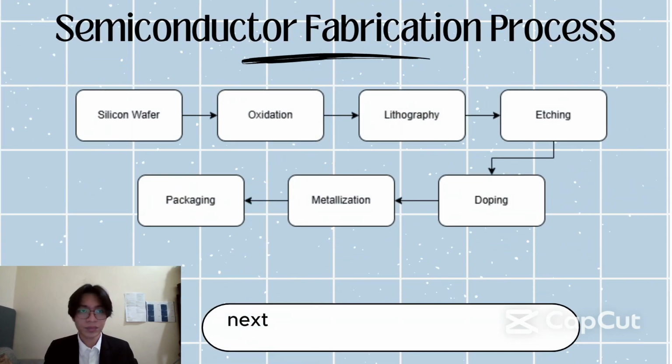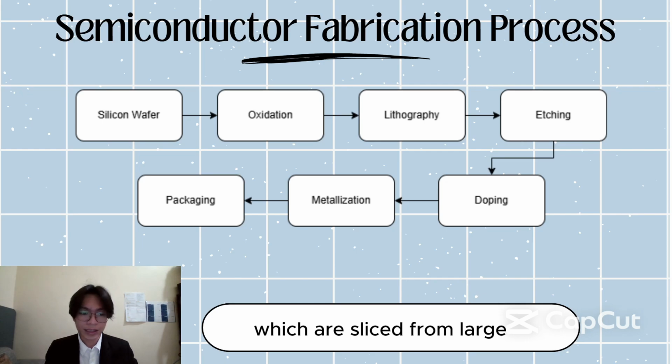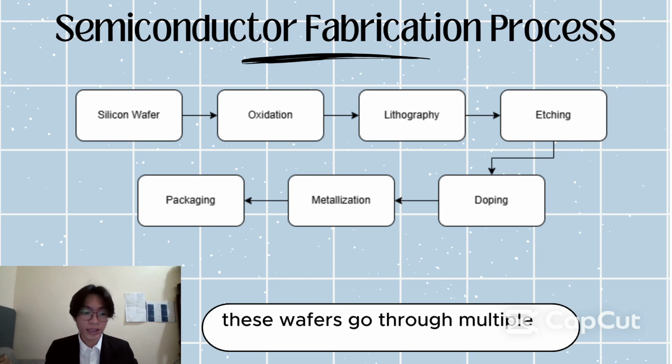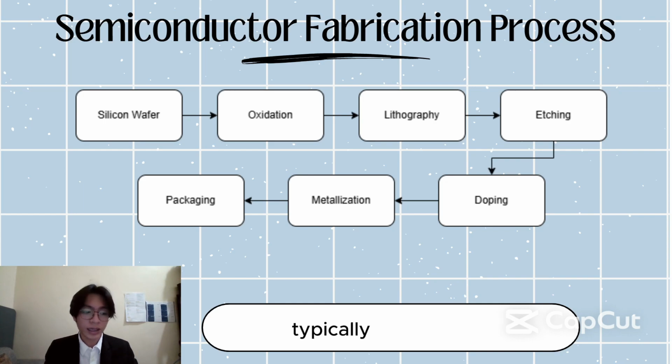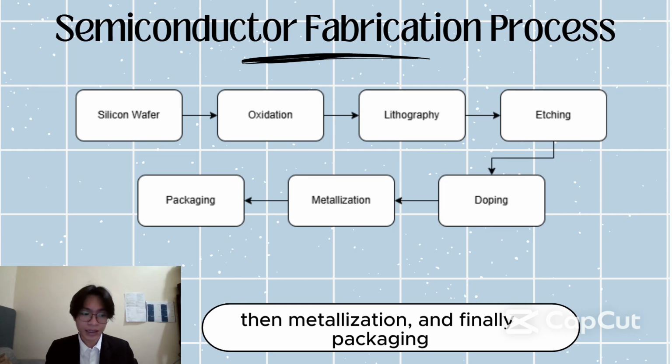Next is the semiconductor fabrication process. Let's now look at how semiconductor devices are really made. The process begins with silicon wafers, which are sliced from large cylindrical silicon crystals. These wafers go through multiple steps, particularly oxidation, then photolithography, and then etching, then doping, then metallization, and finally packaging.